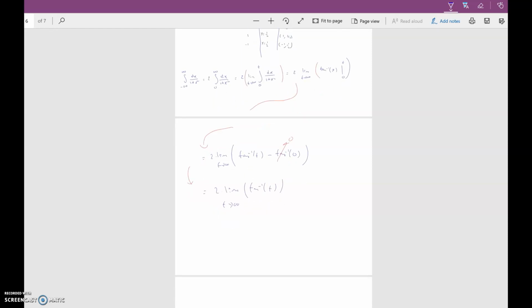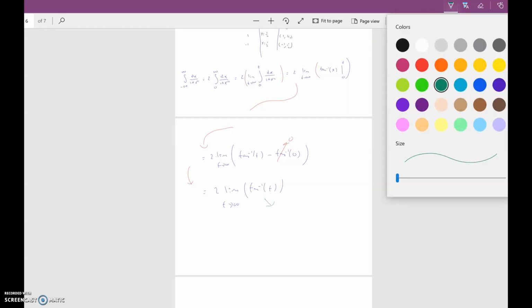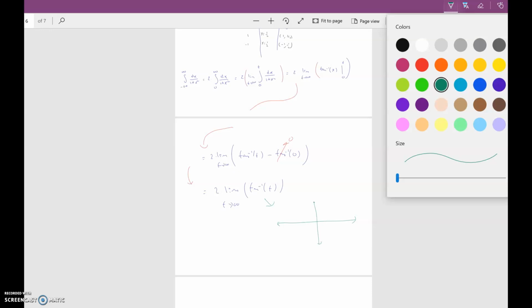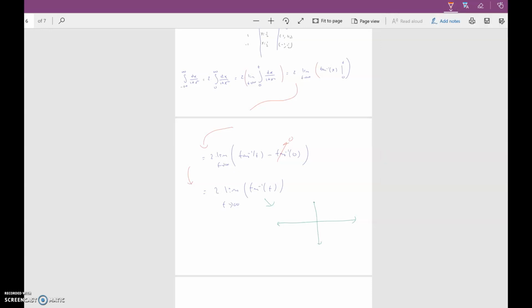Okay, so let me provide a sketch for the tangent inverse. In this case, we're looking at the following sketch. Your tangent inverse has the following sketch going in this direction.